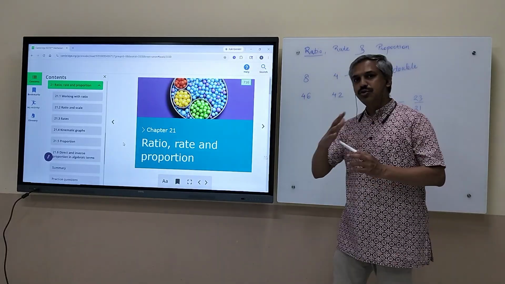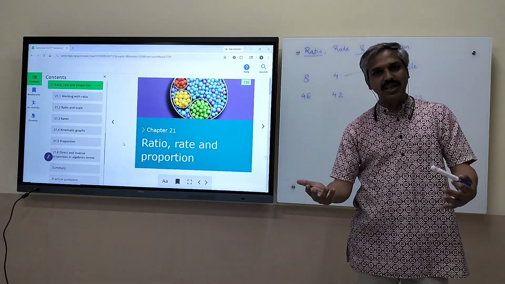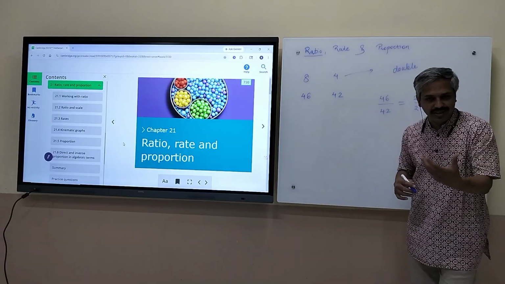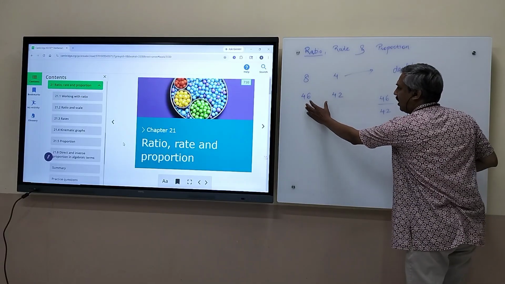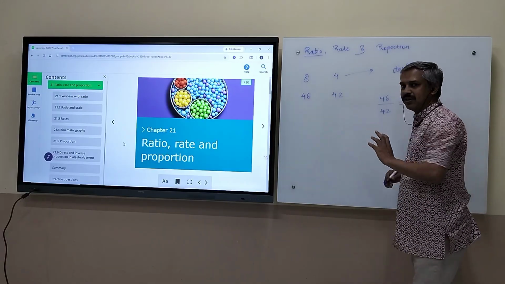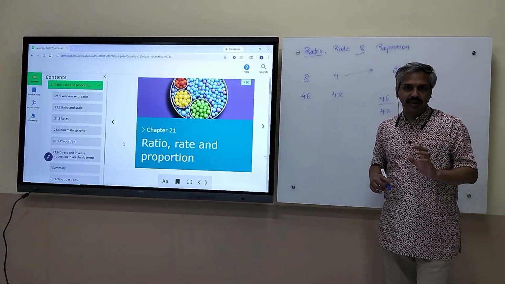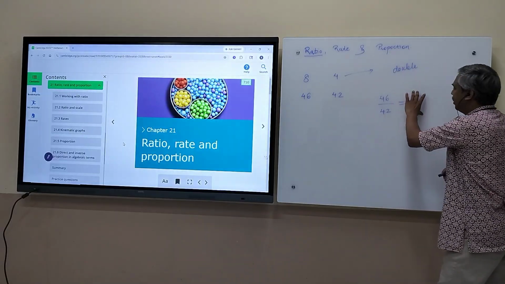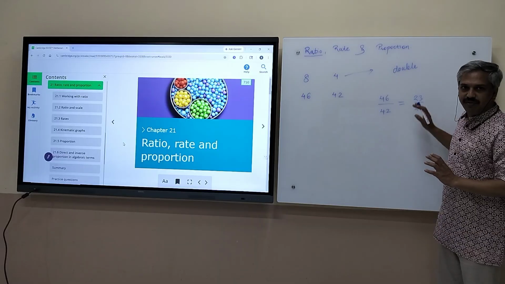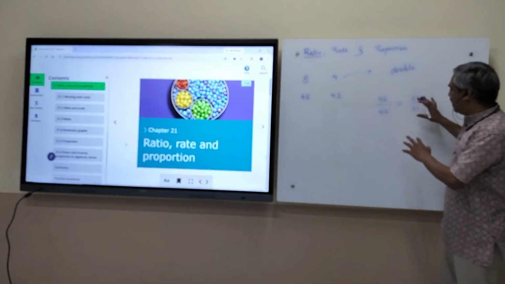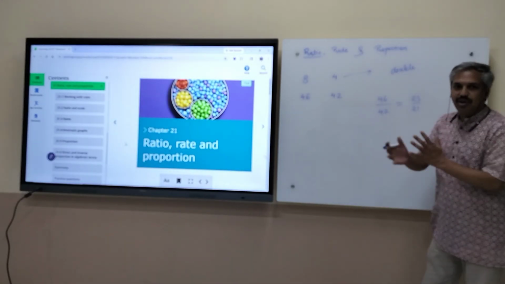When we take the ratio of two things, or sometimes three things, four things, the ratio essentially means that you are trying to divide the given numbers by a common factor and then you reach a simple ratio, and that is how we evaluate.